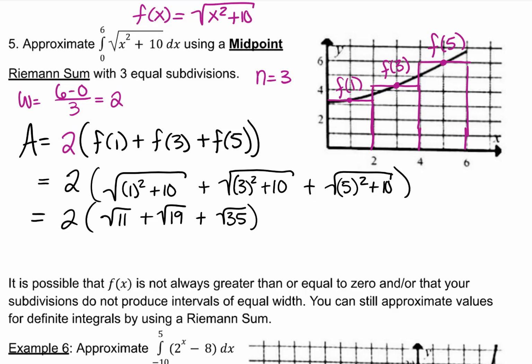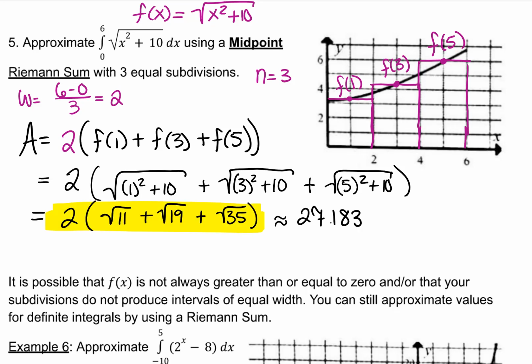And if we were allowed to use a calculator, this decimal approximation is 27.183.